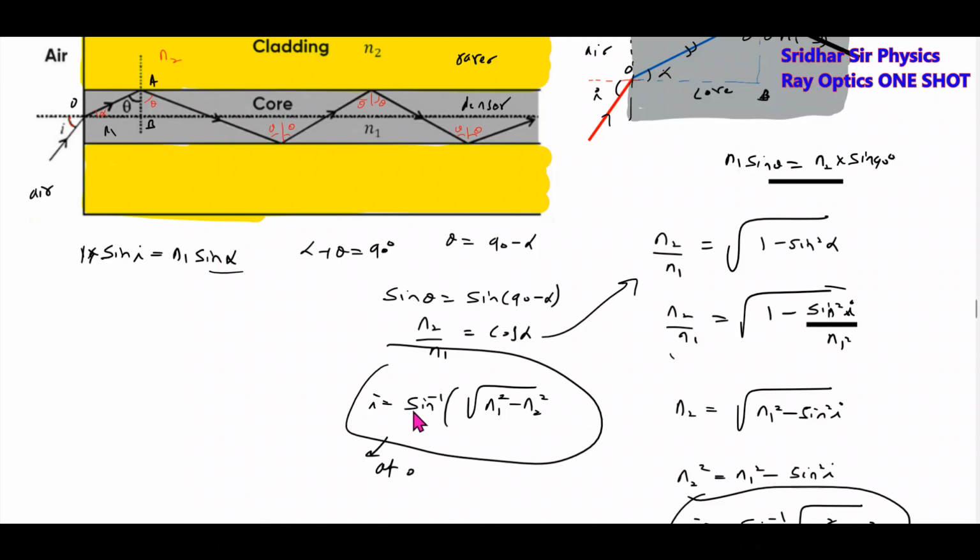So any incident ray whose angle here is less than this I will enter into the core and will undergo successive TIR. This is a condition. Any ray which is entering the core, if the angle of incidence is less than this, will undergo successive TIR here.